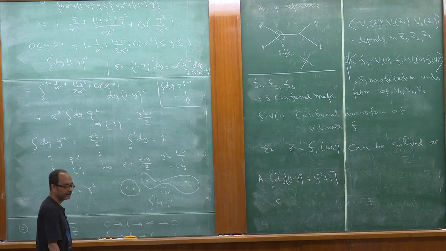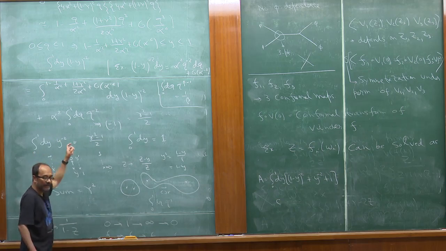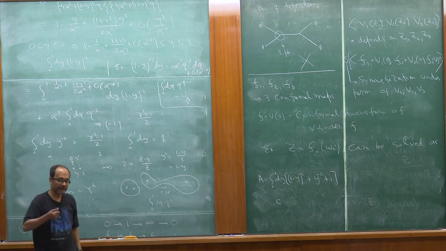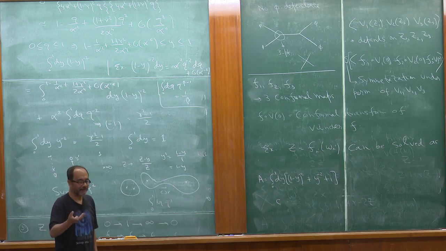And presumably in dealing with the other segment of the integral, you will do the same thing around 0. Yes, but the point is, you see, 1 over alpha square is not enough. You have to keep the next term, because 1 over alpha square, when you do this integral, you will get an alpha square, because 1 over 1 minus y to the minus 2. So you need the next term also, because otherwise you will get a wrong answer.